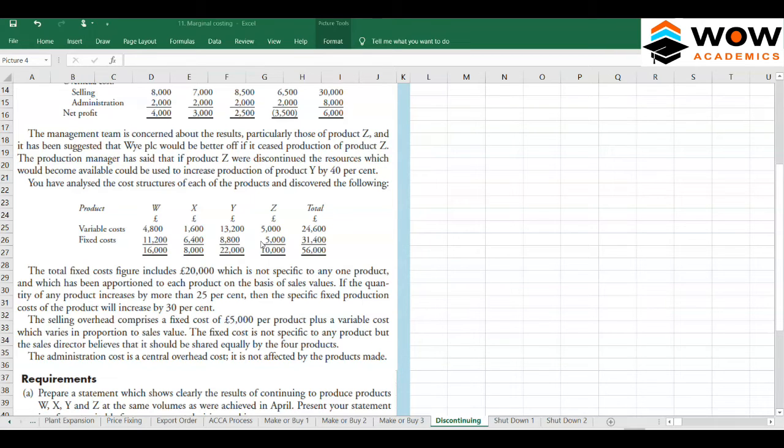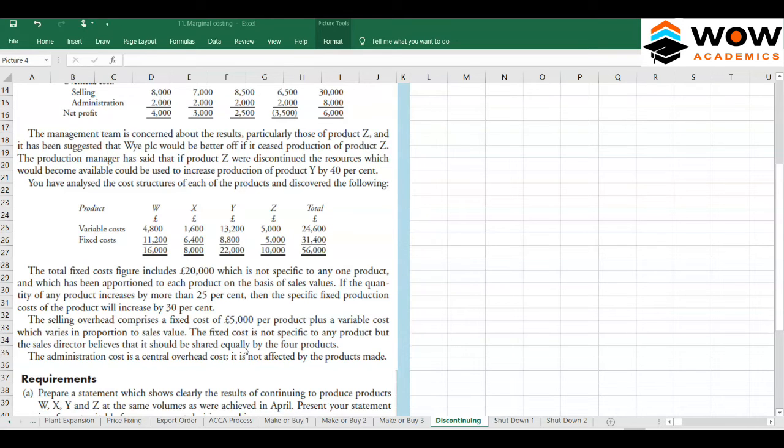So within that we might have a specific. The selling overhead comprises a fixed cost of 5,000 pounds per product plus a variable cost which varies in proportion to the sales value. So there is a 5,000 amount within the selling overheads. The balance, he says, is variable, which is related to the sales.